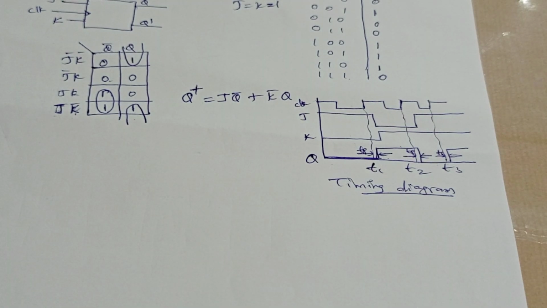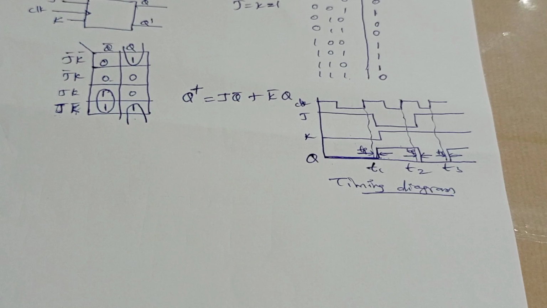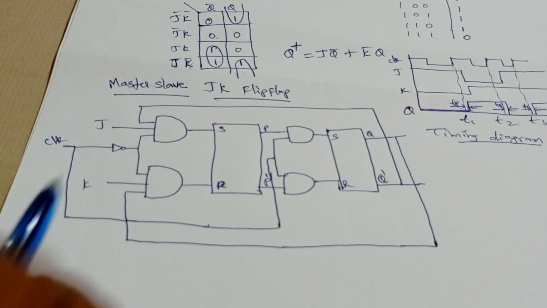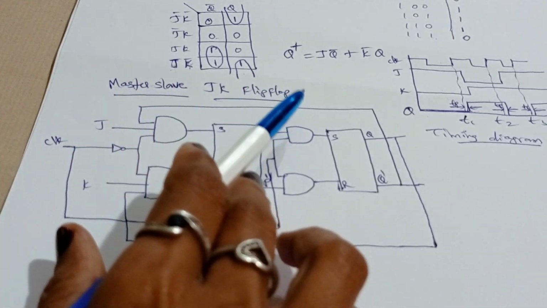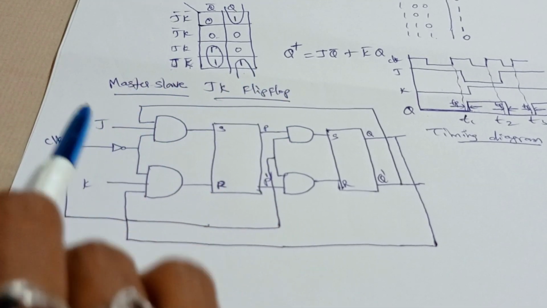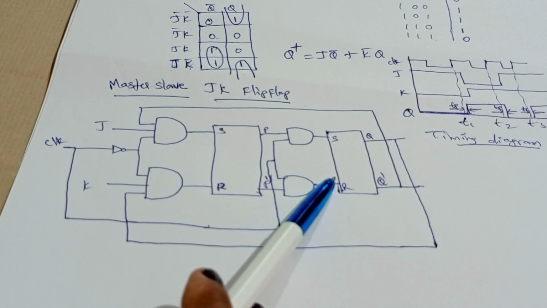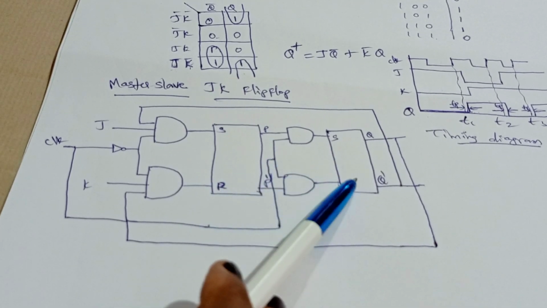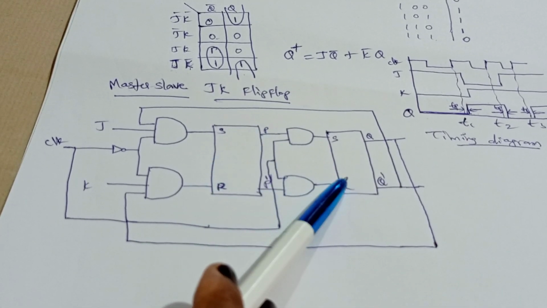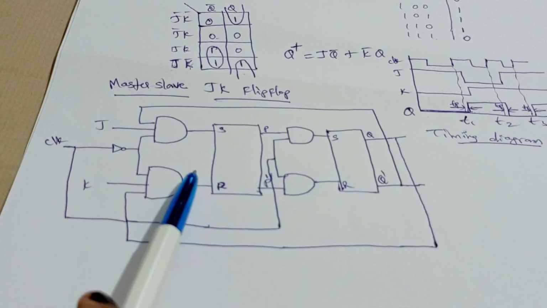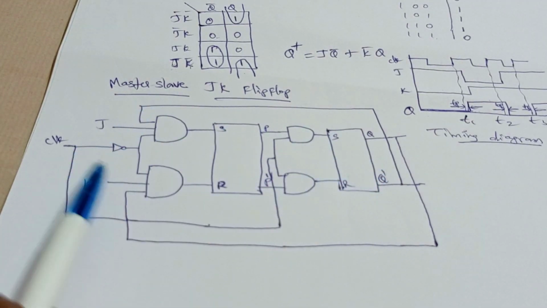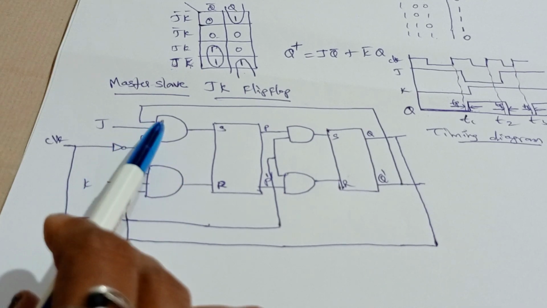Now we'll see master slave JK flip-flop, same as SR master slave flip-flop. Now we'll construct master slave JK flip-flop. This is the master slave JK flip-flop constructed using two SR latches connected in master slave arrangement, with AND gates.